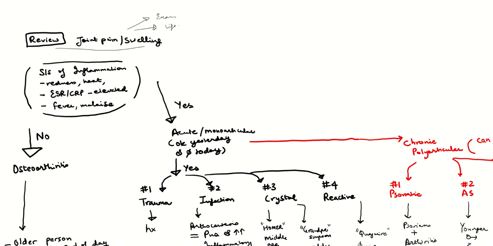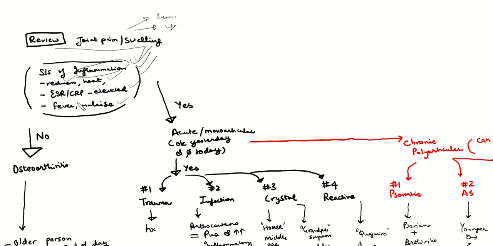Okay. So let's say the patient comes in with joint pain and swelling. The first step is, are there signs and symptoms of inflammation? So if there's redness, heat, okay, ESR-CRP is elevated and you're given fever, malaise, and constitutional symptoms, you have inflammation.